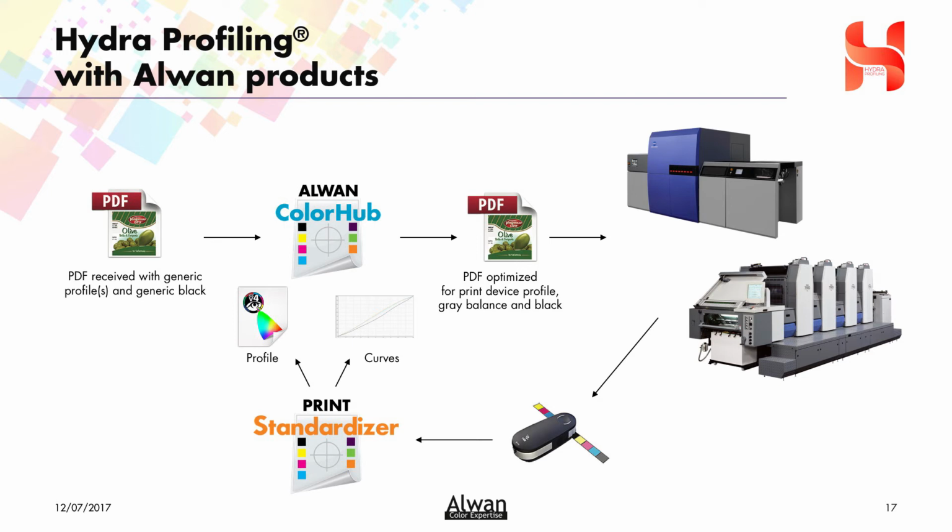So you can understand here that besides the practical side of having automated state-of-the-art engines that calibrate, profile, and color manage your workflow, the financial return on investment is huge because you don't have to allocate resources in order to have your output colors matching your proofs or matching your files.